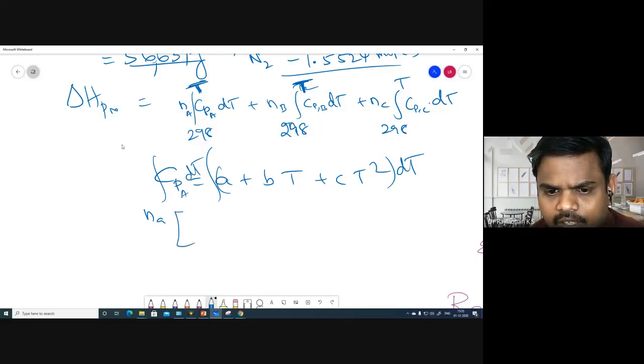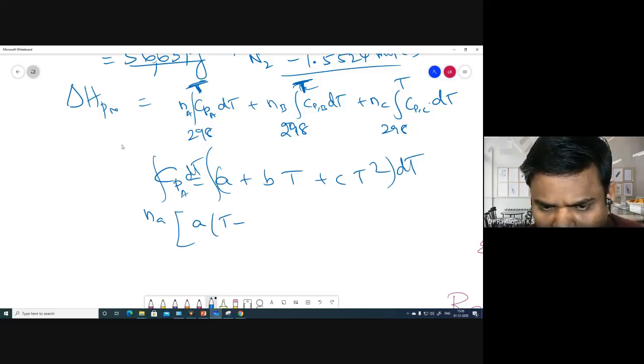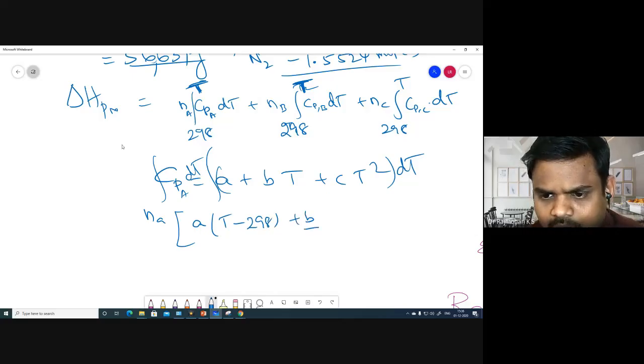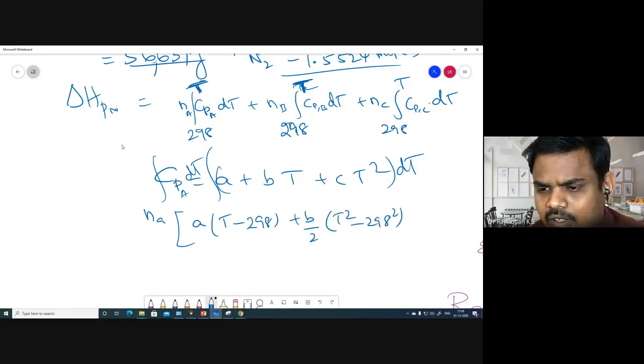We are going to get A into T2 minus T1, right? What is T2 minus T1? It is T minus 298, plus B by 2 into T square minus 298 square, plus C by 3 into T cube minus 298 cube.